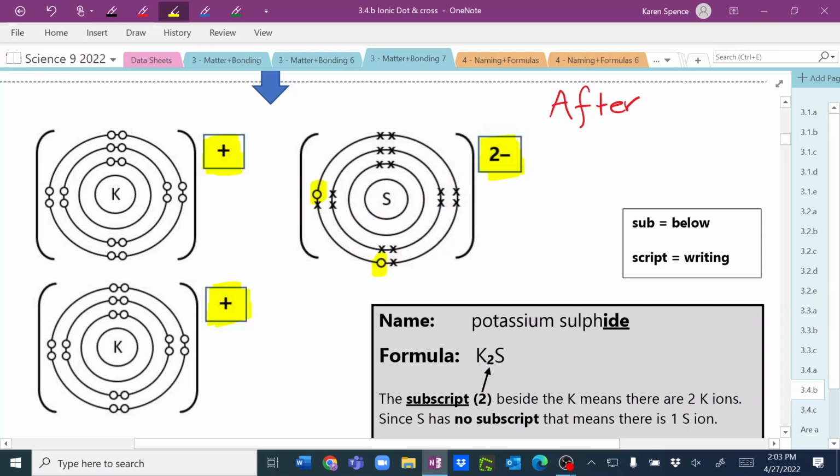When you go to name these, don't forget that it goes metal first and the nonmetal second. So we would name it potassium, and then the ending of the second one changes to "ide." Just a little hint, you don't ever want to have 2 vowels in a row. So which of these would be correct?